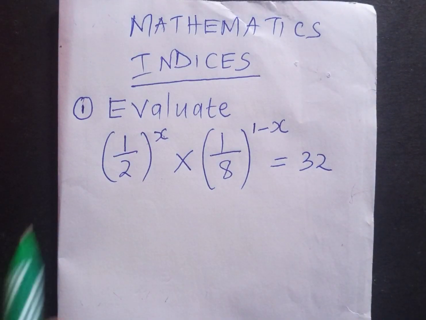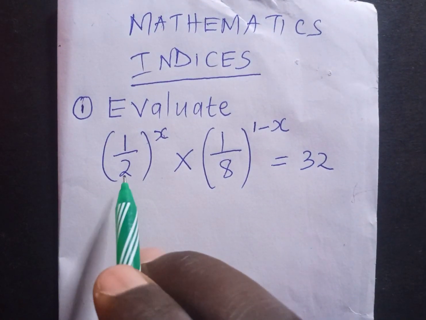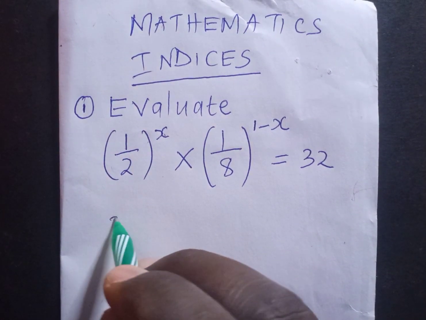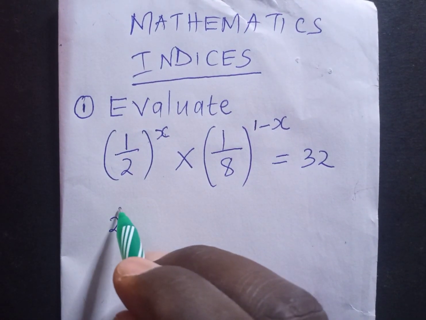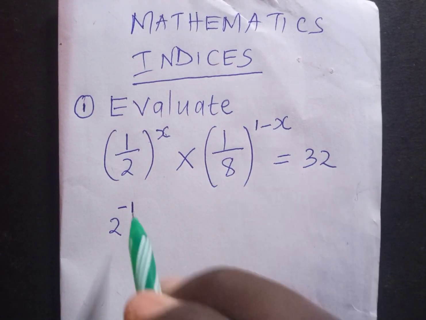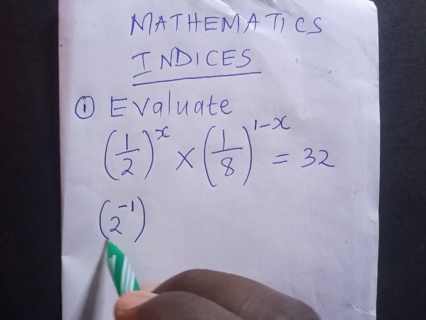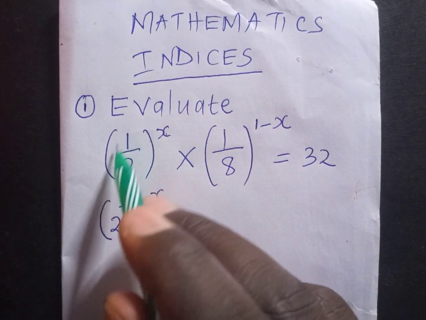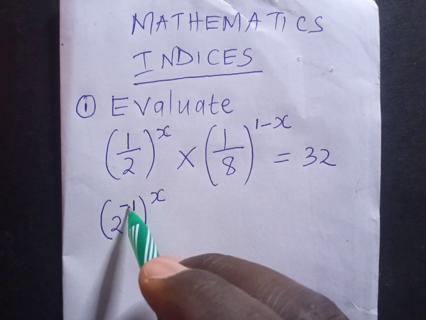Now, the first thing that we shall do is that instead of writing 1 over 2, we can just write 2 raised to negative 1, all raised to x. So 1 over 2 is just 2 raised to negative 1.